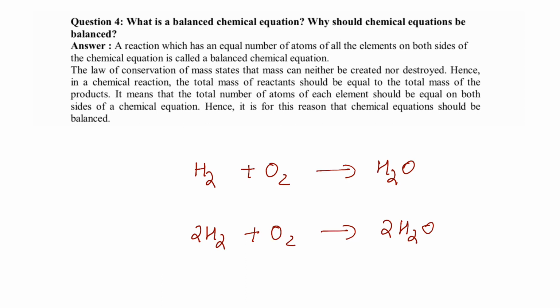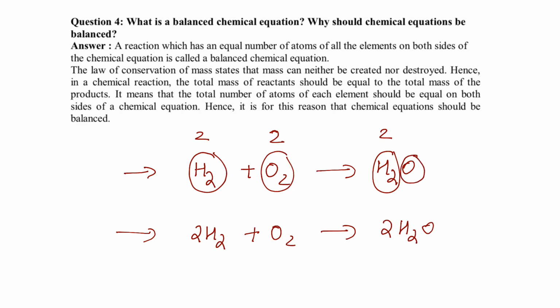Next question: what is a balanced chemical equation? Why should a chemical equation be balanced? For understanding that, we can check two equations. In the first equation, on the LHS there are 2 hydrogen, on the RHS 2 hydrogen; on the LHS 2 oxygen, but on the RHS only 1 oxygen, which means the number of atoms on both sides of the equation is not the same.